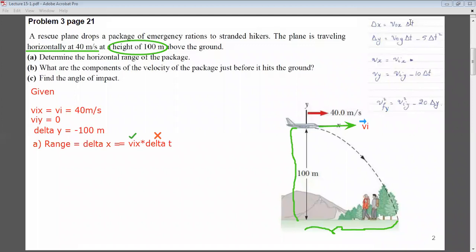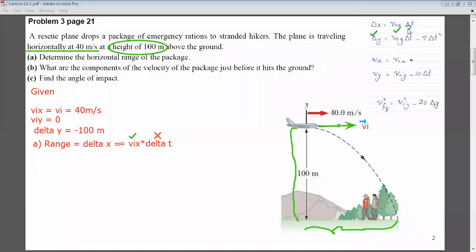So what given do we have here? We have delta y. So where do we have delta y and delta t in the same equation? Let's look at number 2. The initial v y, I have it. Delta y, we have it.